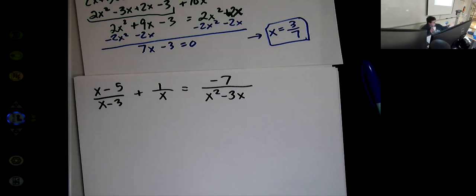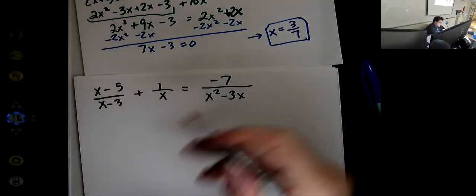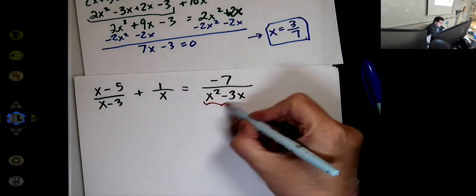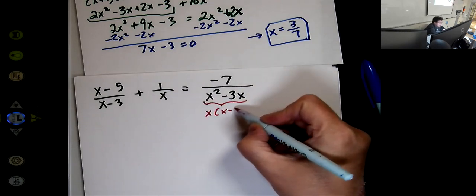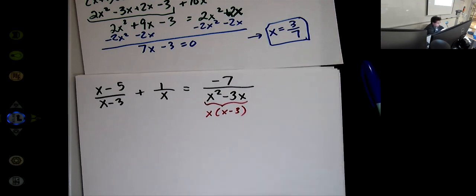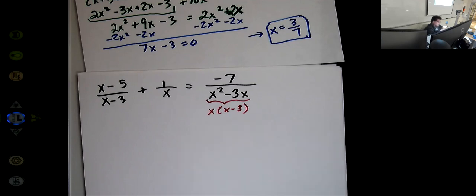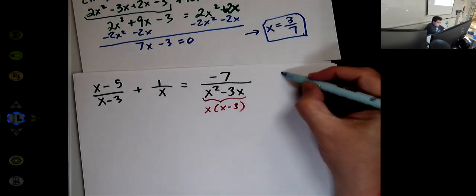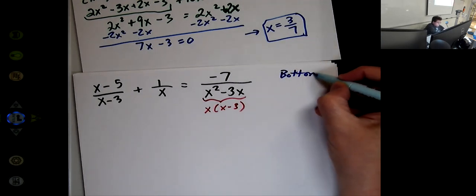And if I want to clear the fractions, so if I want to find out what the denominator can be, it might be helpful to factor anything that you can right away. So I could rewrite this as x times x minus 3. So my bottom has two terms that are different.